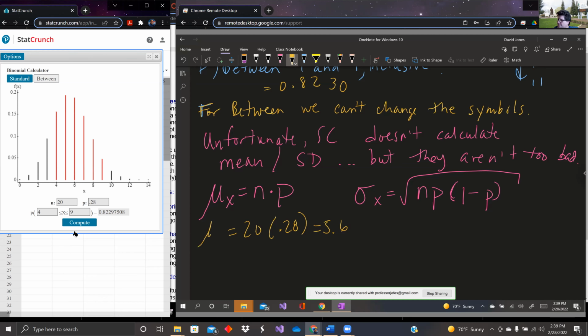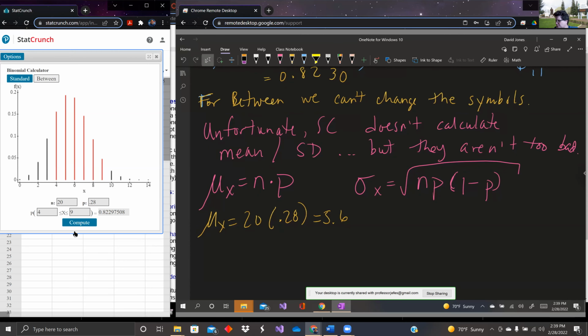So that's my mean. And notice n times p is right here. So I can actually just put that directly in. I've already got n times p, which is mu of x. I've got 5.6.